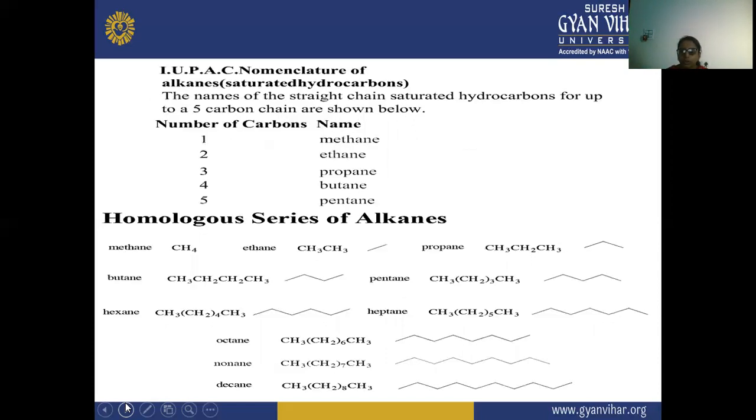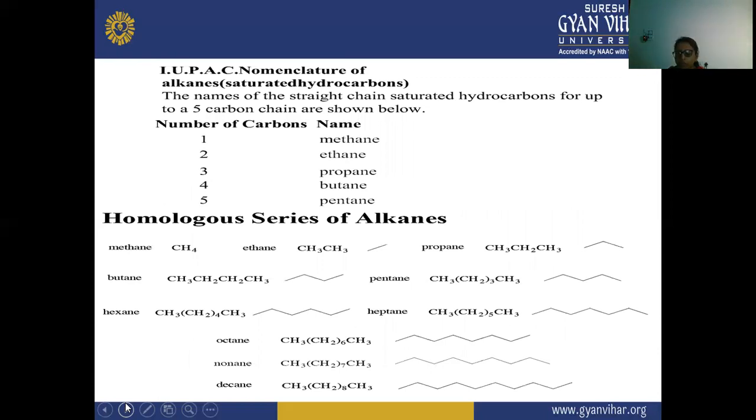First, review IUPAC nomenclature of alkanes, which are saturated hydrocarbons. So how will we name them according to IUPAC? Alkanes are saturated hydrocarbons. There are two kinds of hydrocarbons, saturated and unsaturated.